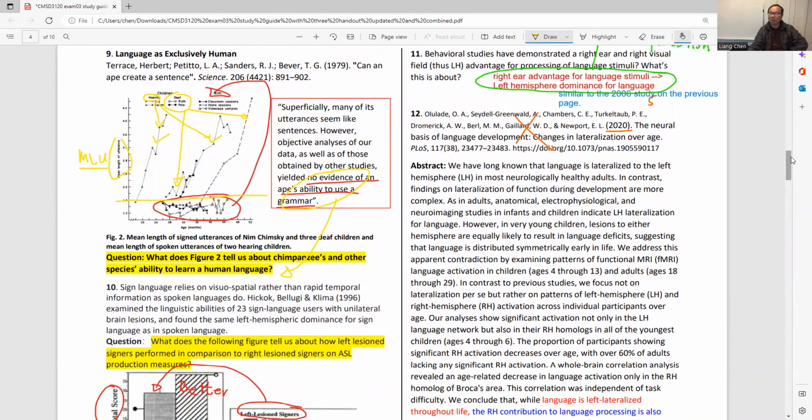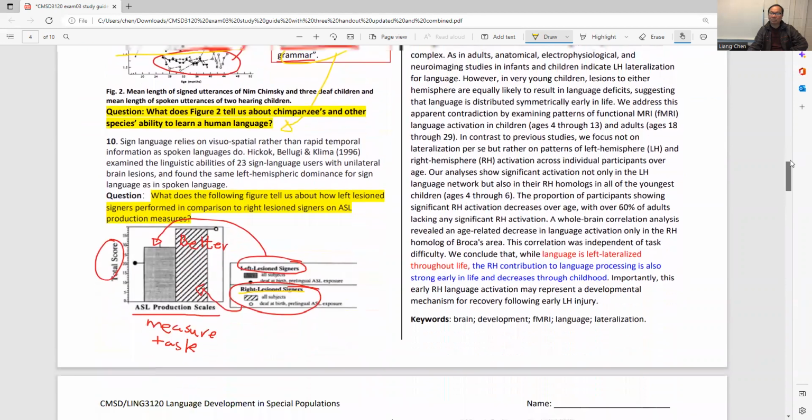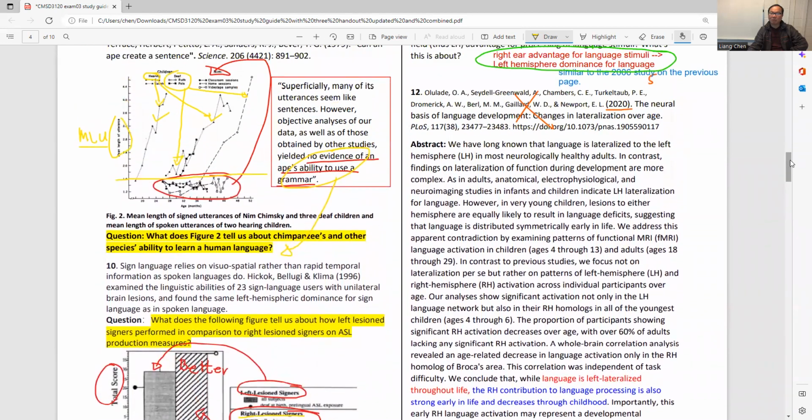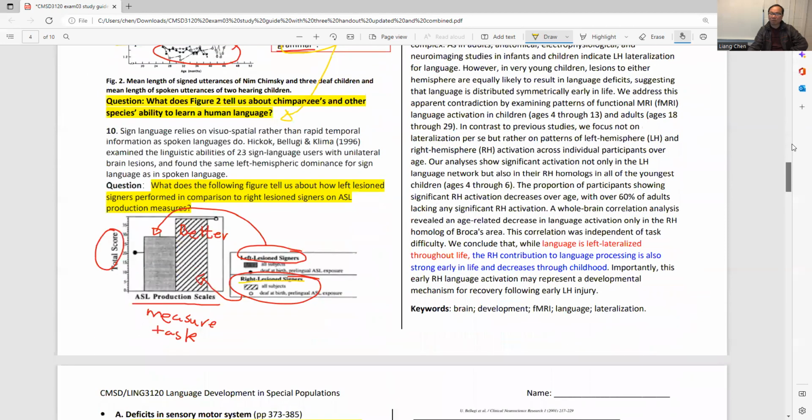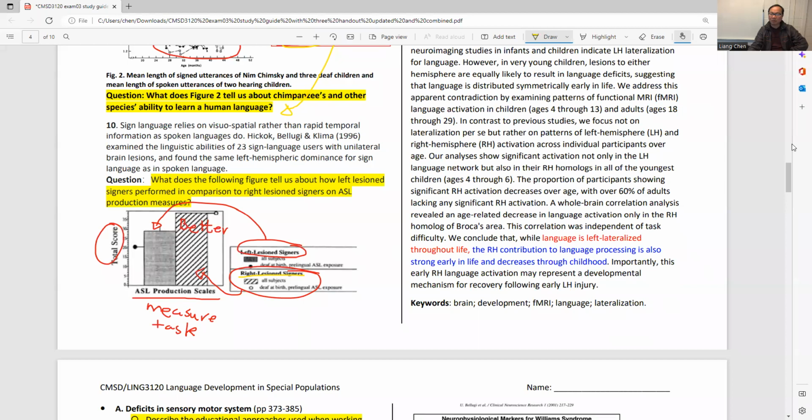Number 12 will not be on the exam, but it is very similar to the 2006 study that we have seen before, with some slight differences. In this study, they found that language is left lateralized throughout life, which is kind of like the invariance hypothesis.